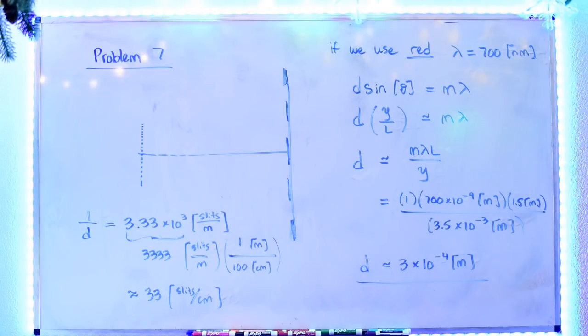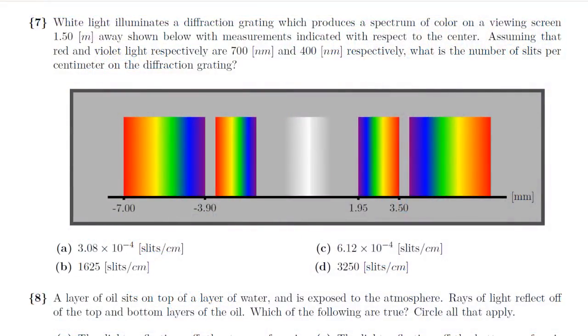In other words, we are choosing to use the first red fringe on the right side, which has a y value of 3.5 millimeters given in the problem. You have multiple options, we're just choosing 3.5 because it's the first red fringe from the center. So y equals 3.5 millimeters.